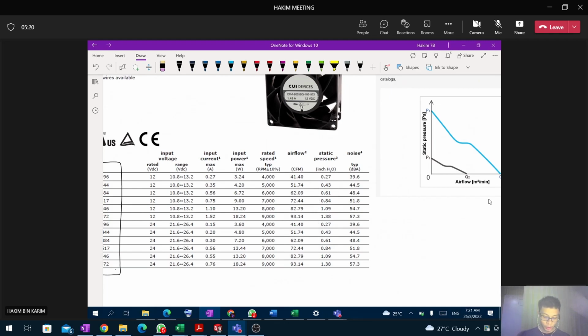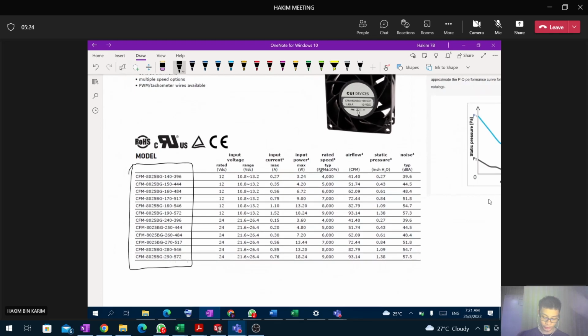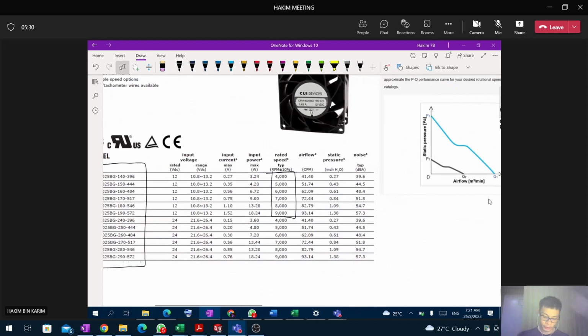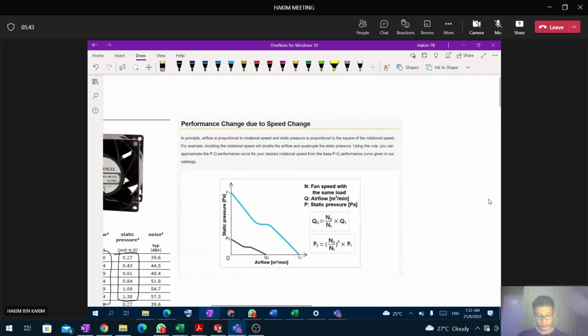All right. You see these fans, right? They have different rated speed, different airflow, and different static pressure. And then I came across this site.